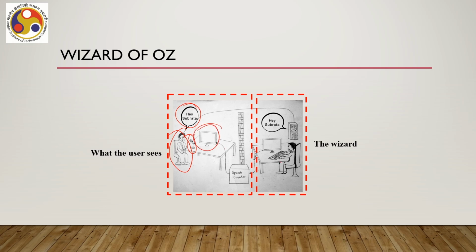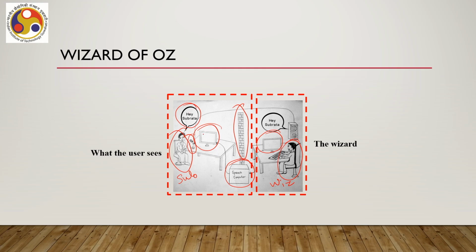However, the computer is connected to another computer through some intermediary and there is this wizard sitting hidden away from the subject. This is the subject, this is the wizard, there is a wall. So, the subject cannot see the wizard, but the subject is thinking that he is interacting with a computer. So, whatever he speaks, the computer displays in the form of text.